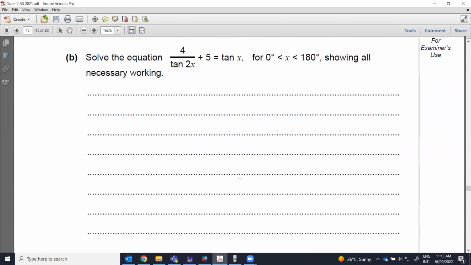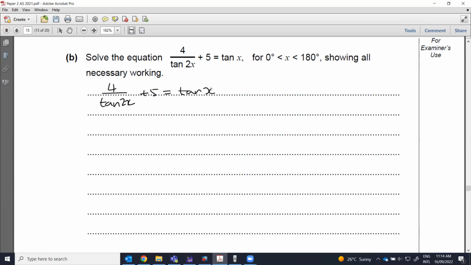Okay, then B, solve the equation 4 over tan 2x plus 5 is equal to tan x, and we want an angle between 0 and 180. So we have 4 over tan 2x plus 5 is tan x.